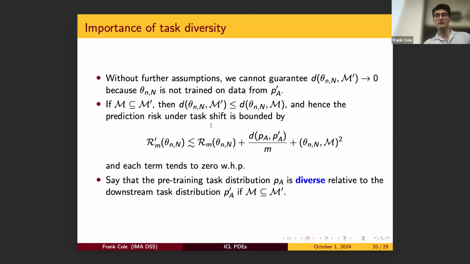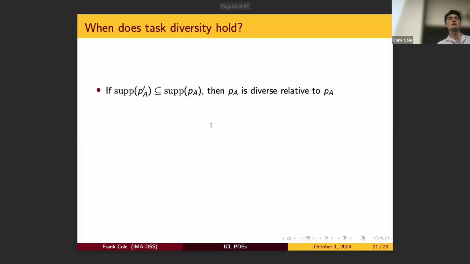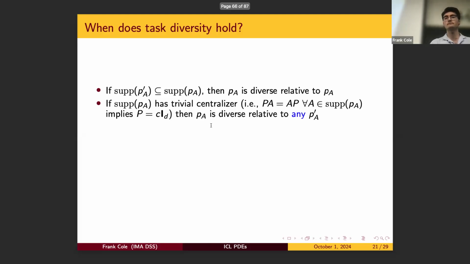It looks pretty abstract, but we have some examples for when this diversity condition holds. The very simple example is that if the downstream task distribution is supported in the support of the pre-training task distribution, then diversity holds.